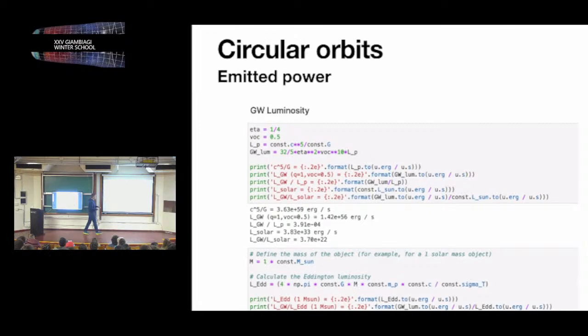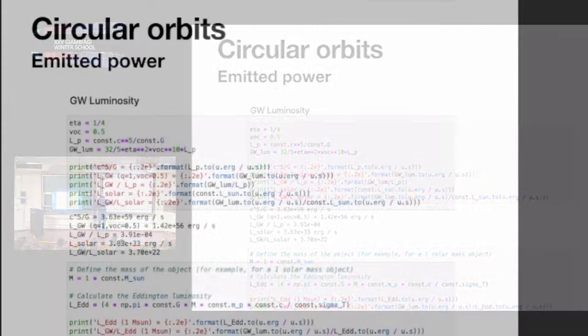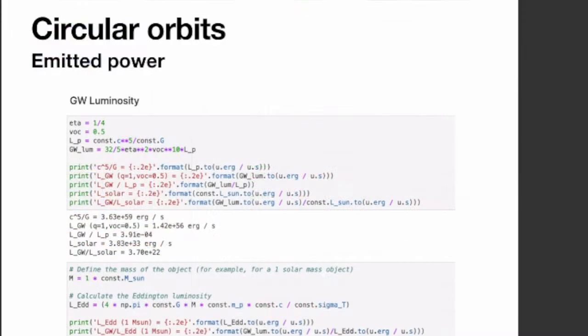So this is 26 orders of magnitude more than the luminosity of the sun, this c to the 5 divided by G. Our galaxy has, I don't know, 10 to the 10 stars. So even for one merger of two black holes, the luminosity is way more than the luminosity of the entire galaxy in the optical. And this is related to the fact that you are converting a certain fraction of the rest mass when you merge.